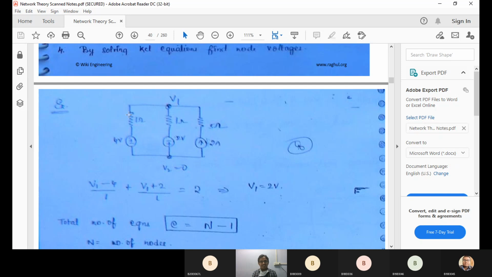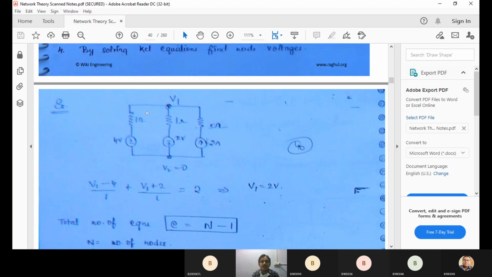This is nothing but KCL. So what we can write here, this is the V1. This V1 minus 4 by 1, this current, plus V1 minus 2 by 1, this current, is equal to the total current. What is a KCL? Here I1 plus I2 is equal to I3, isn't it?